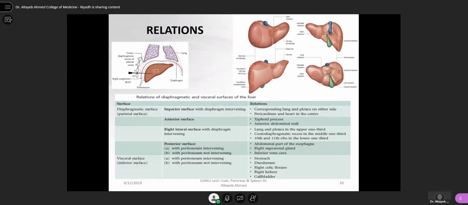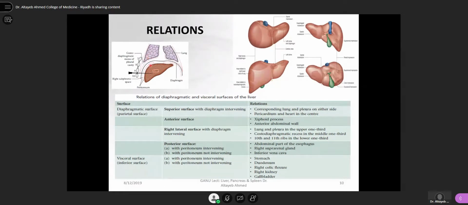The upper one is related to the diaphragm, and as you can see here, the lower part of the lung. Here we have also the right lung, diaphragm, ribs, and intercostal, while below this level, you may only find the diaphragm. You may not find the lung.